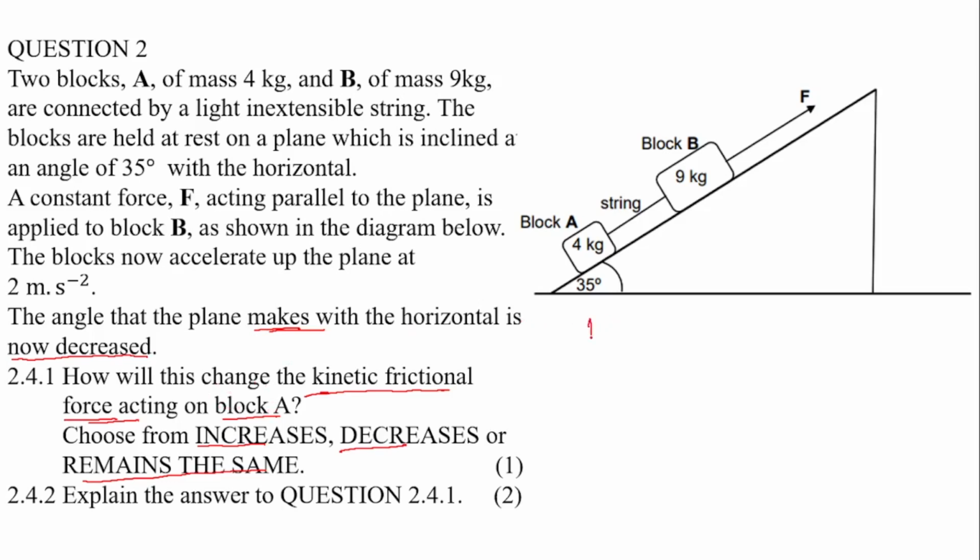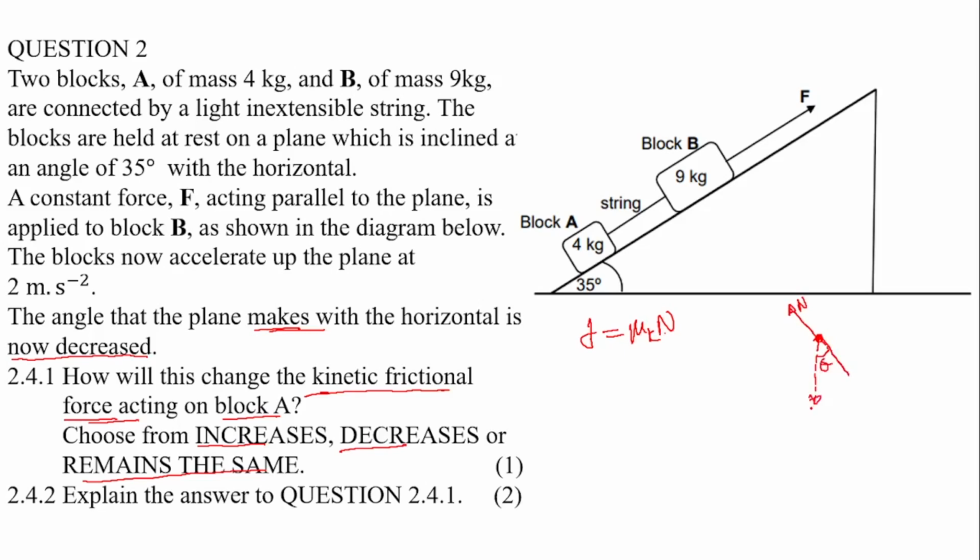Okay. Frictional force will be the coefficient of kinetic friction times the normal force. So here there is direct proportion. When the normal force increases, the frictional force will increase. This is the normal force, right? And then we have this angle here, which is, let's say, theta.